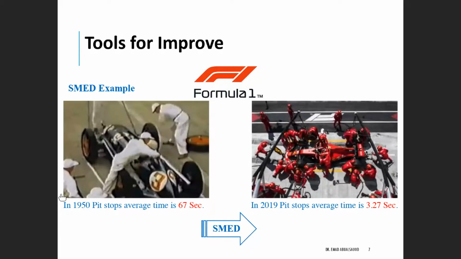As you can see in the left picture here, in 1950 the average pit stop time used to be around 67 seconds. If you look at videos online at how many steps they needed to change those tires for the car while the race is running, you could tell how complicated and hectic it was. This is more than 1 minute just to remove the car.